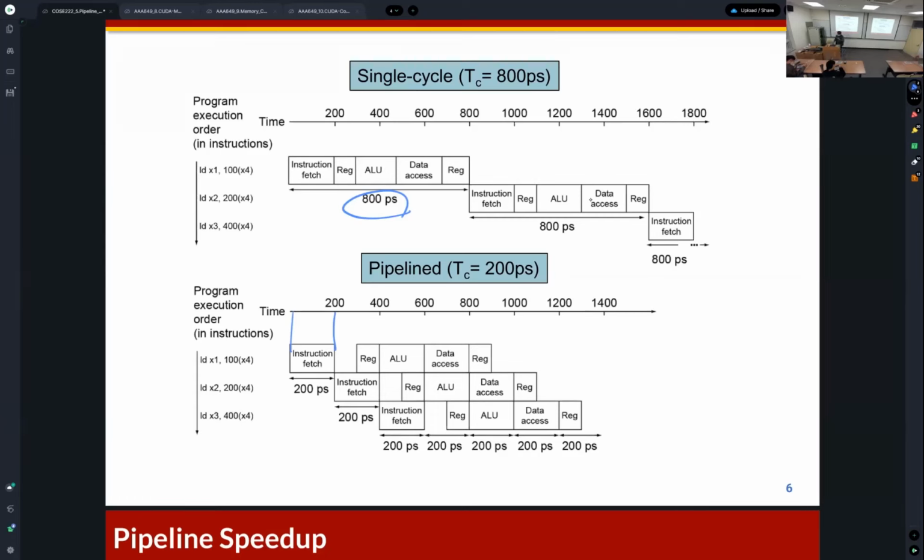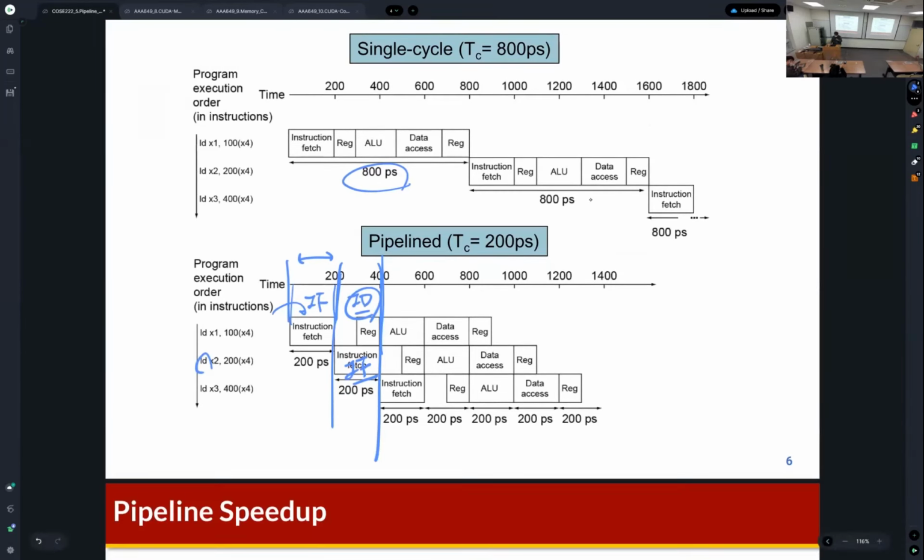For the first 200 picosecond, the load instruction is executed in the instruction fetch step, and then in the next 200 picosecond, the load instruction is executed in the ID step, and at the same time the next instruction is in the instruction fetch stage. That is the benefit of the pipeline architecture.